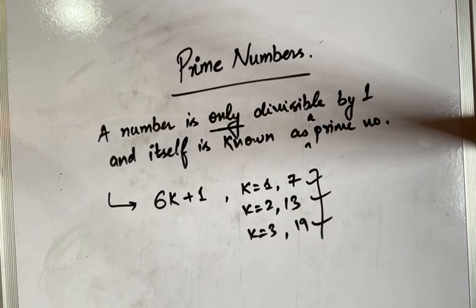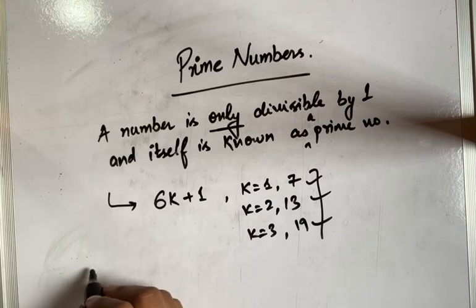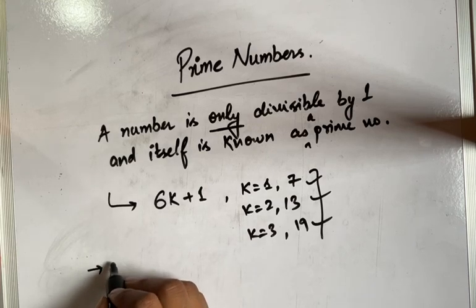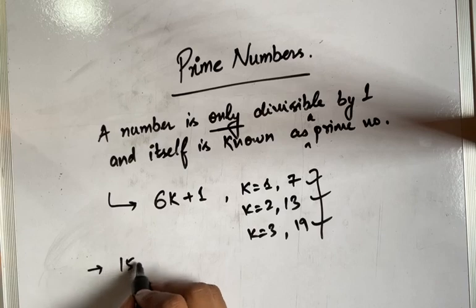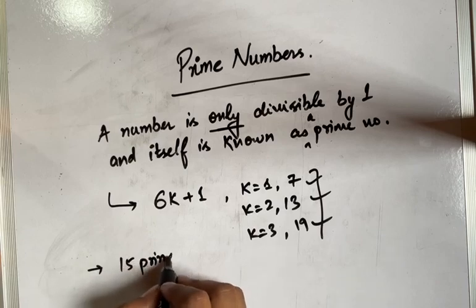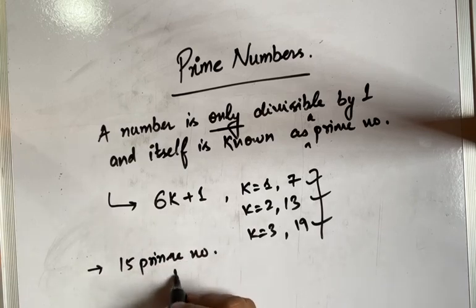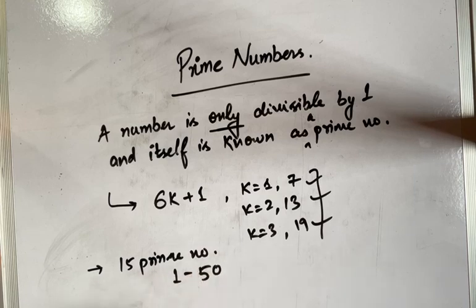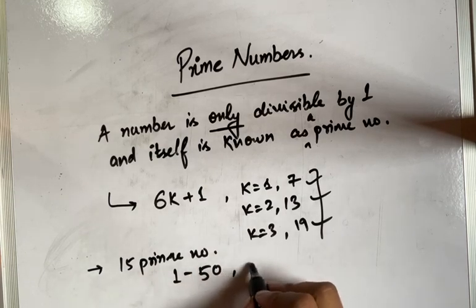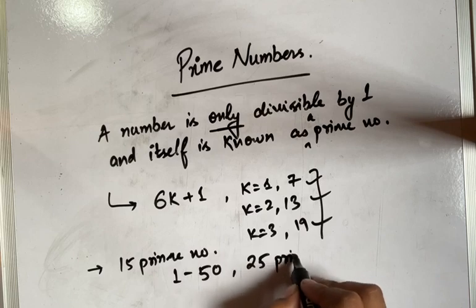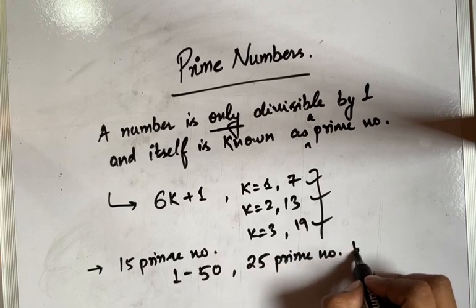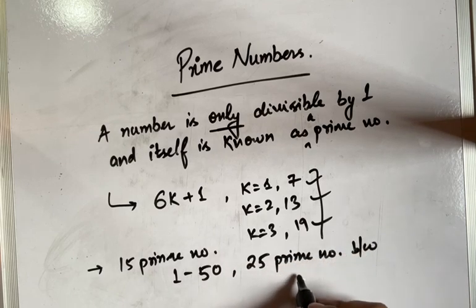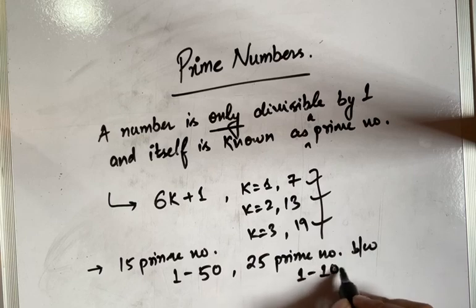I'll tell you some important facts to note. There are 15 prime numbers between 1 and 50, and there are 25 prime numbers between 1 and 100.